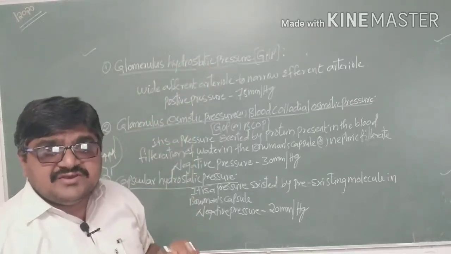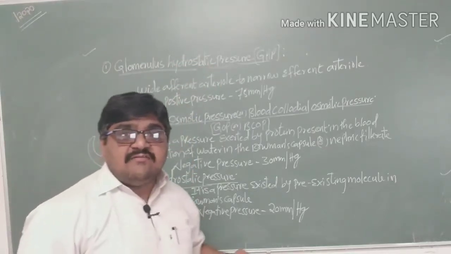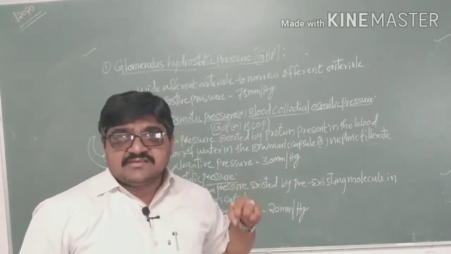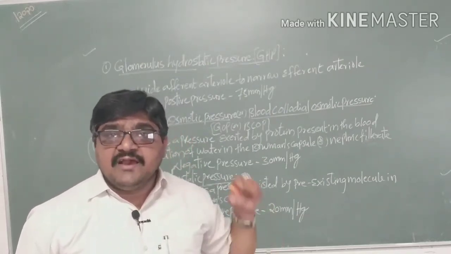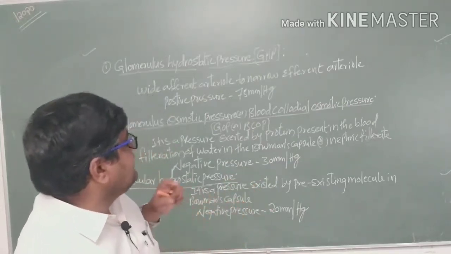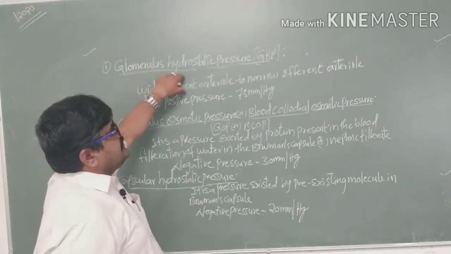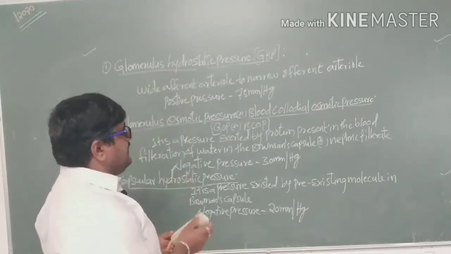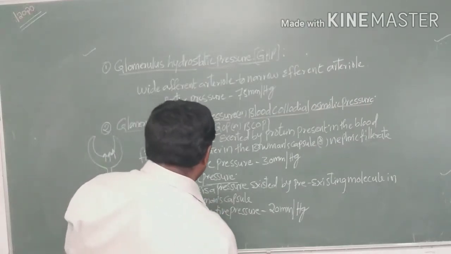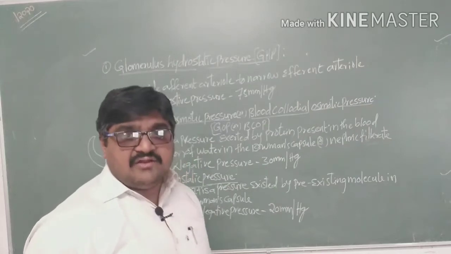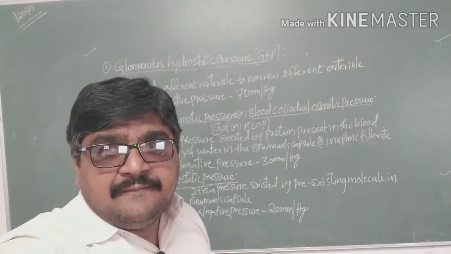They help filter blood into the Bowman's capsule in the form of nephric filtrate. So now we can calculate the net filtration.